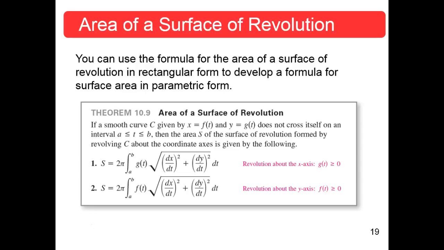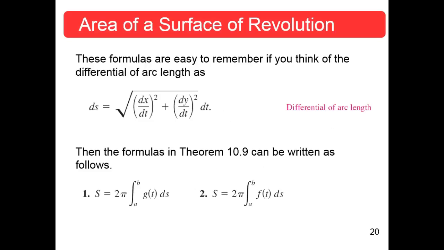These formulas may be easier to remember if you think of the differential of the arc length, ds, as being this thing here. That's what we were integrating before to get s, right? So that's the differential of the arc length. Then the formulas of Theorem 10.9 can be written as 2 pi times the integral from a to b of g of t ds.